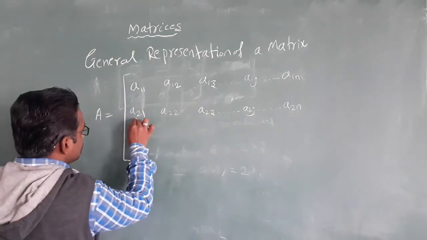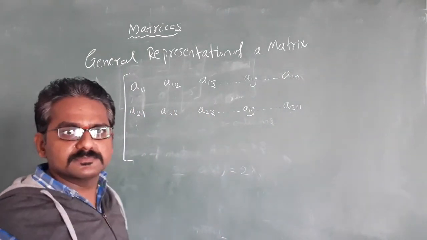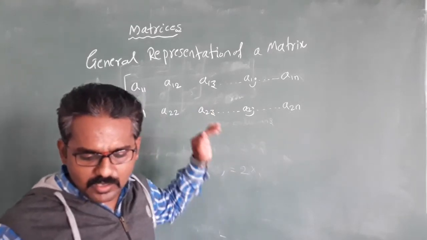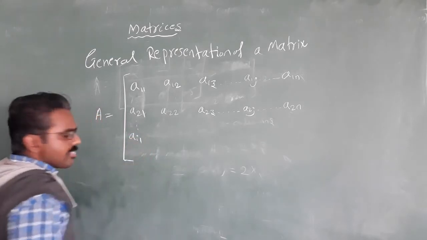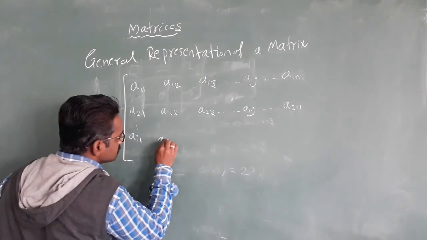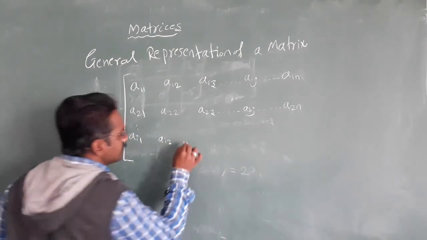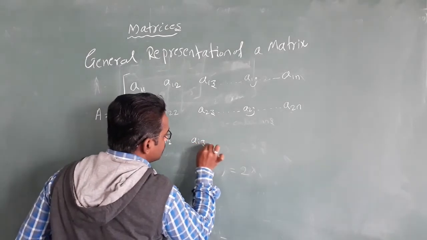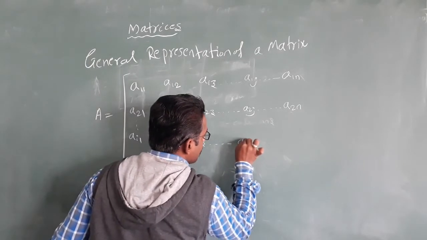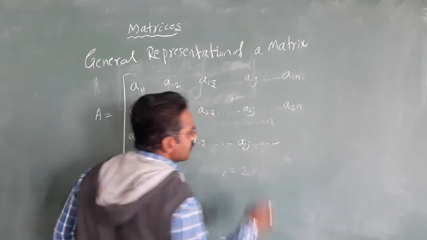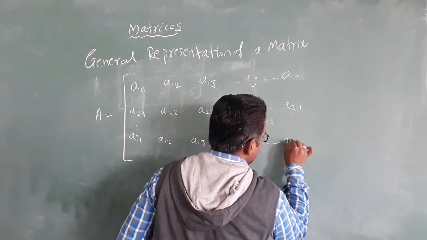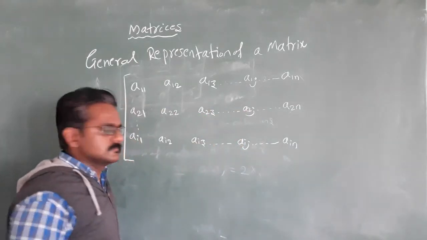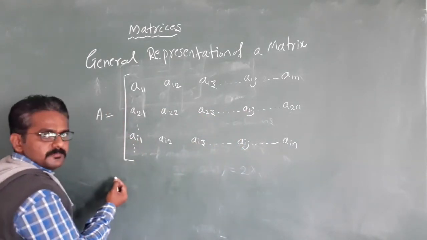Similarly, so on. Because the column also will go on increasing. What will I write here? Ai1, Ai2, Ai3, so on up to Aij, Ain, so on.